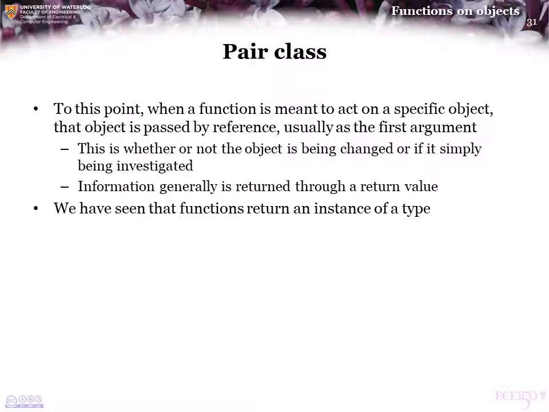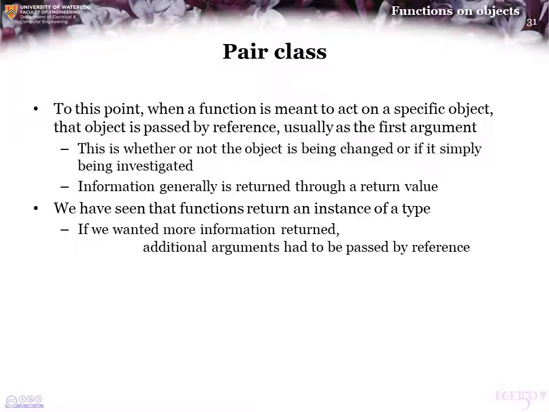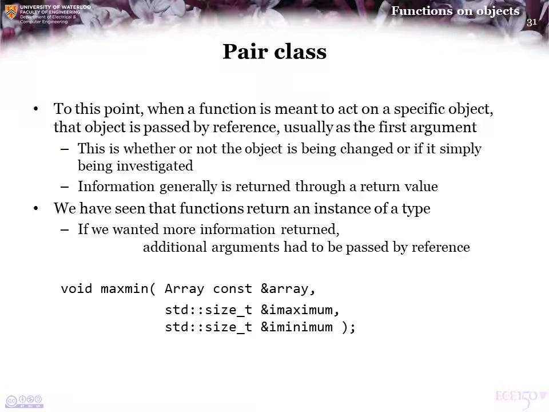Now, we already know that functions can return an instance of a type, be it one of the primitive data types we've already seen, int, double, or an instance of a class, that is, an object. However, up until now, if we wanted additional information returned, what was necessary was to pass additional arguments through reference and then assign those values. So suppose we wanted to write a max-min function for the array class we've just discussed.